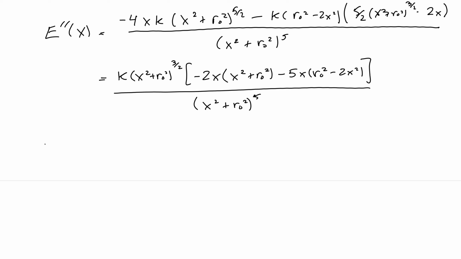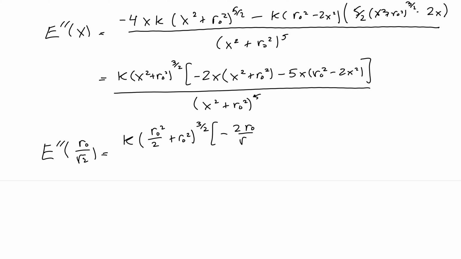So notice if I plug in, say, r0 over square root of 2, I get k, and now x, so I'm going to get (r0 squared over 2 plus r0 squared)^(3/2). I'm going to get minus 2 r0 over square root of 2 times (r0 squared over 2 plus r0 squared), minus 5 r0 over square root of 2.